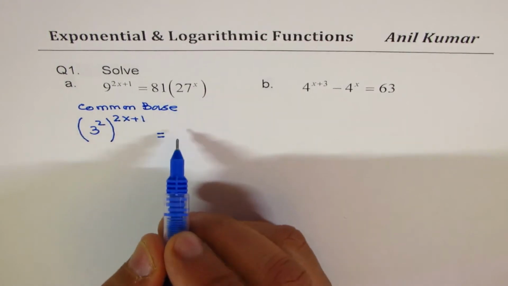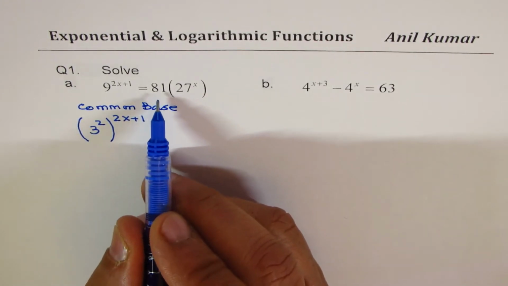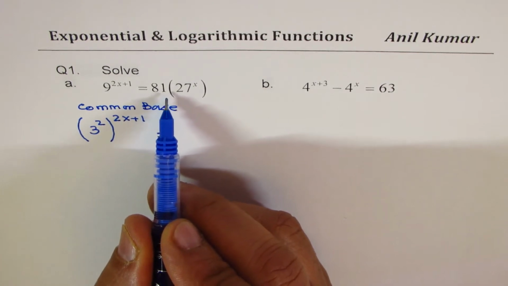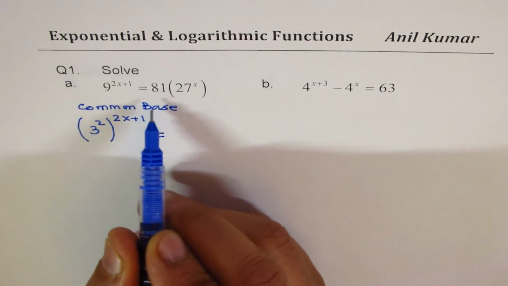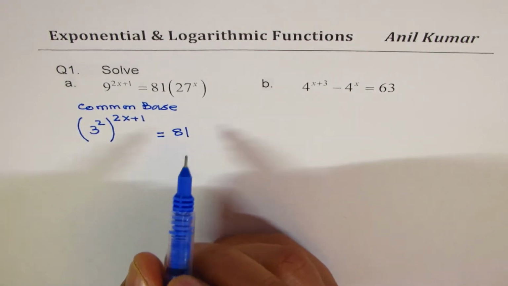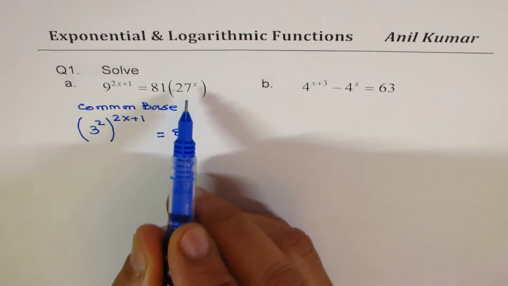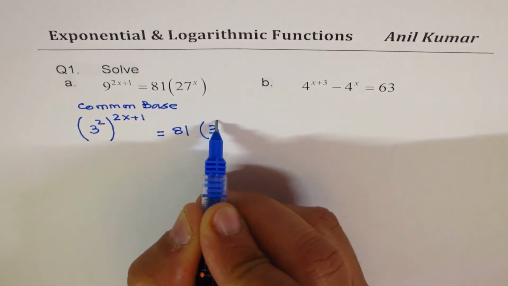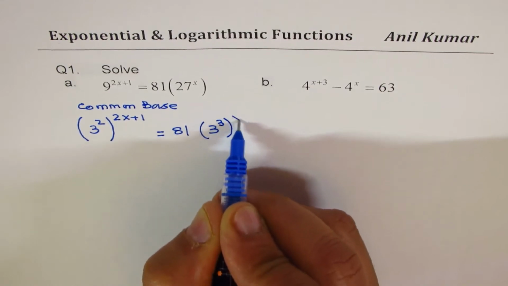So 81, we could write this as 9 square also. Anyway, we'll keep number 81 as such for the time being. 27 to the power of x, 27 is 3 cube. So that we'll write as 3 cube to the power of x. Is that clear?